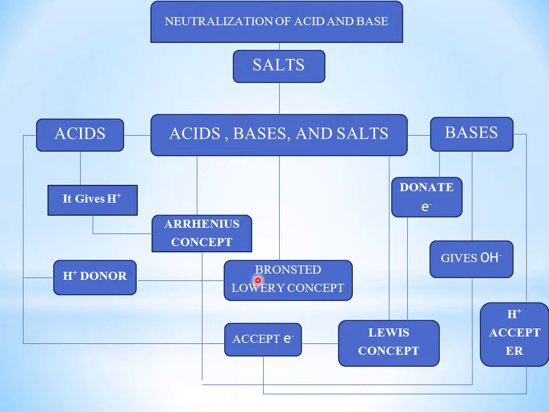Okay, the second one is the Bronsted-Lowry concept. According to the Bronsted-Lowry concept, acids are those species which donate protons, meaning they give protons to other species, and become negatively charged themselves.